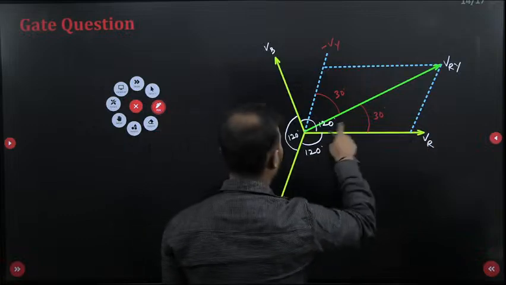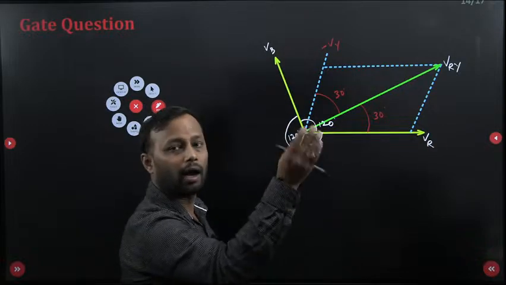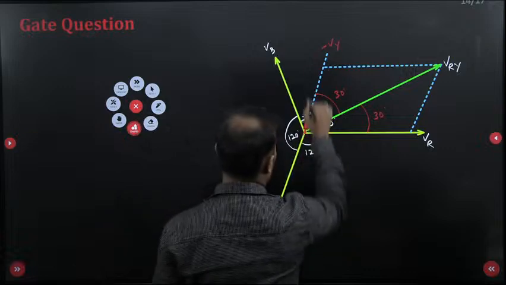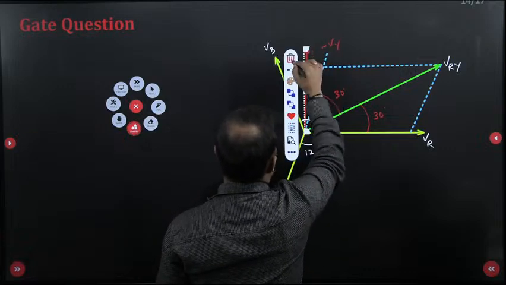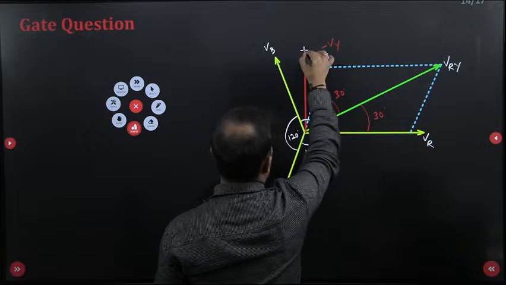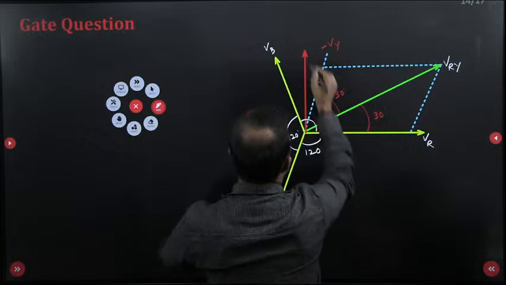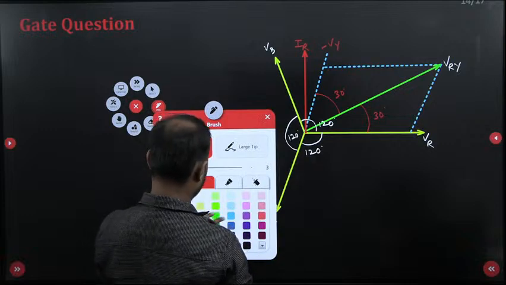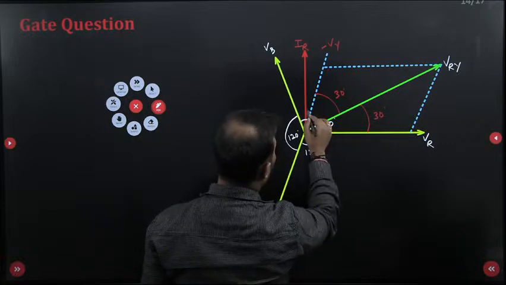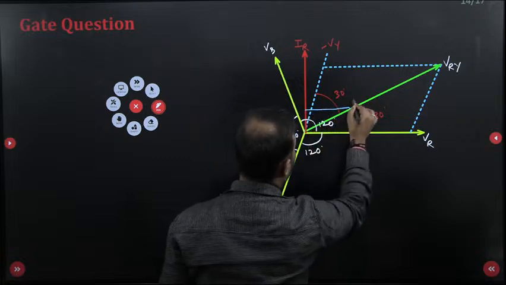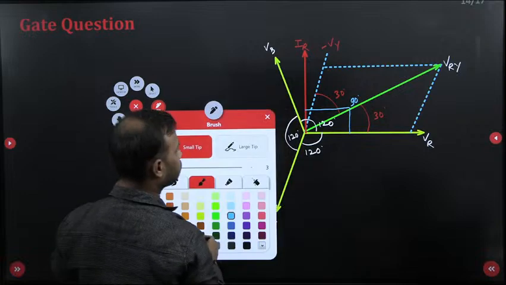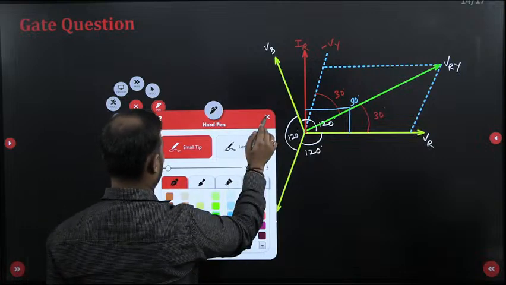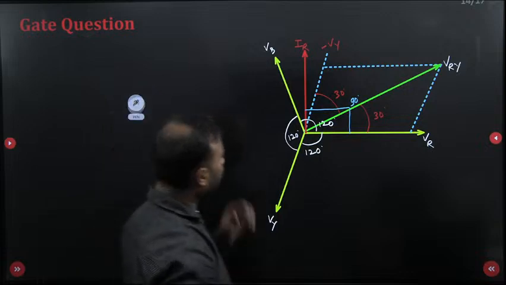VR is here. 90 degree leading means anti-clockwise, so IR will be here. This angle is 90 degree.